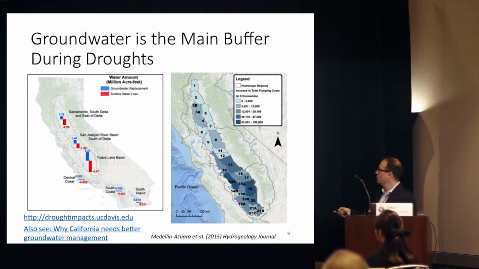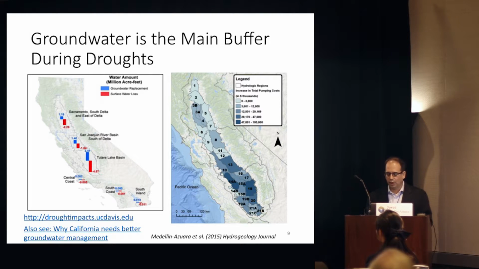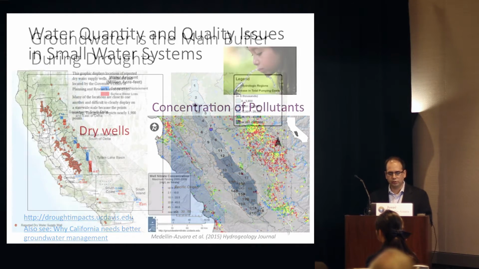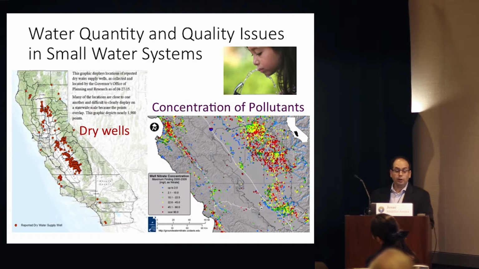Here, this map shows how much was the cost of pumping additional groundwater, and you can see that it increases the most obviously in the areas that mostly rely on groundwater, or on surface water imports, that have very little precipitation, such as the Tulare Lake Basin. So that comes as no surprise. And I put there links to some of this study.